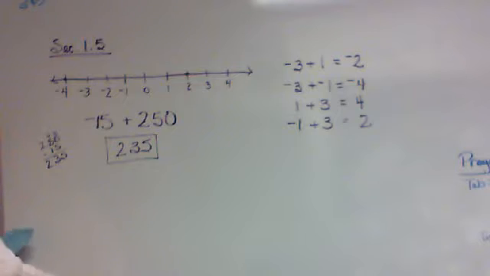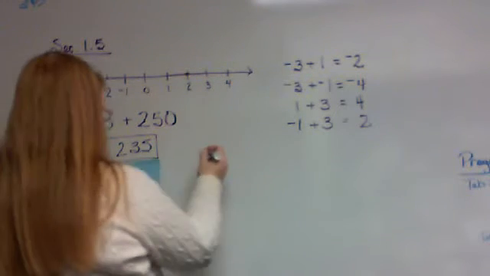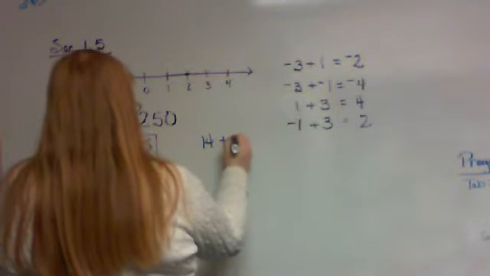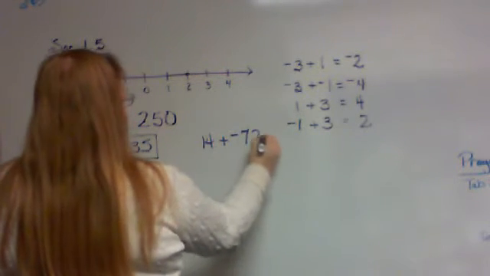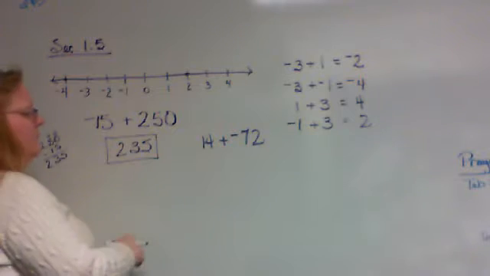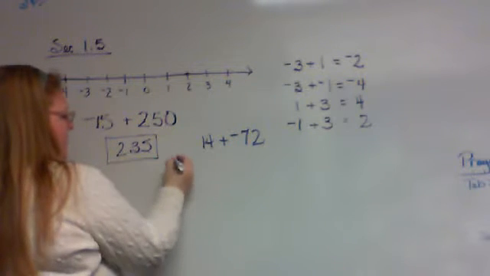What if we had a different problem? What if we had one like 14 plus negative 72? I'm still subtracting, right, because they're different signs. Which number goes on top? Well, the 72 does.